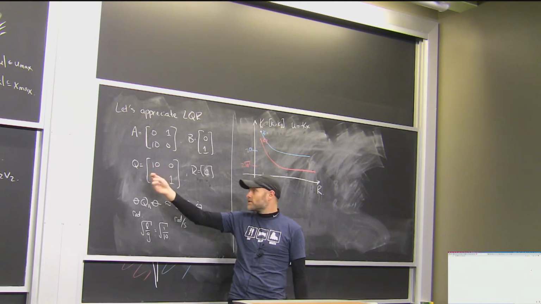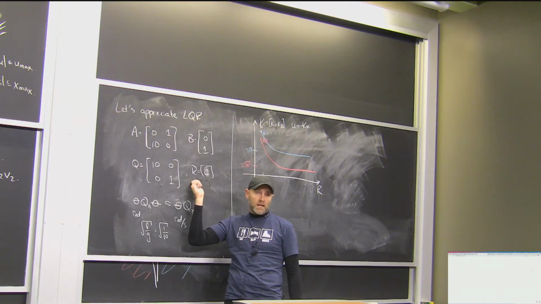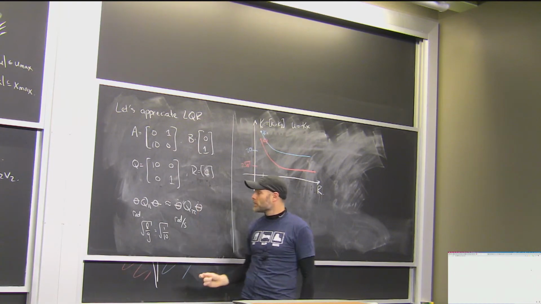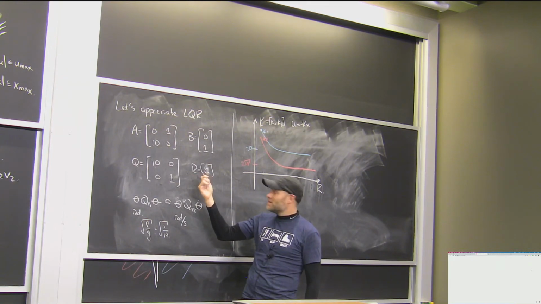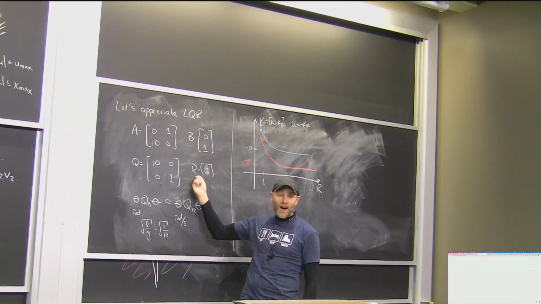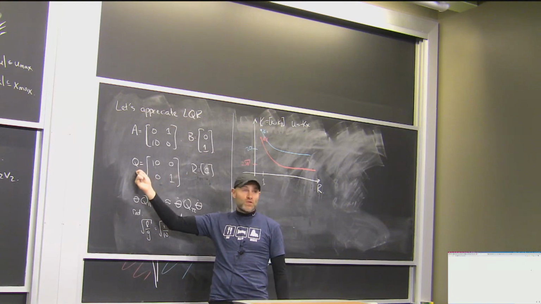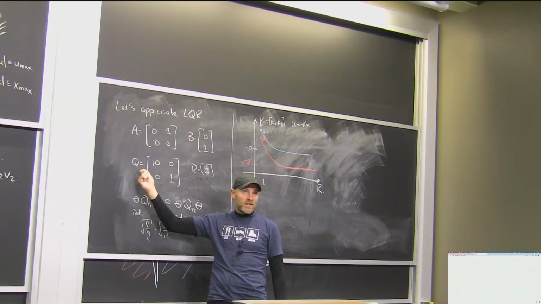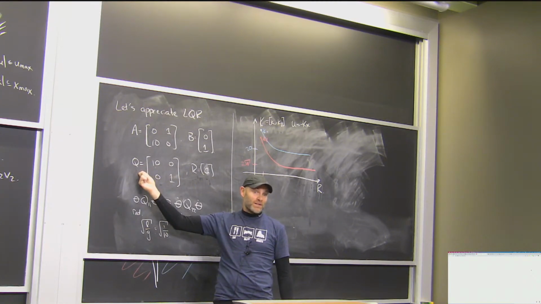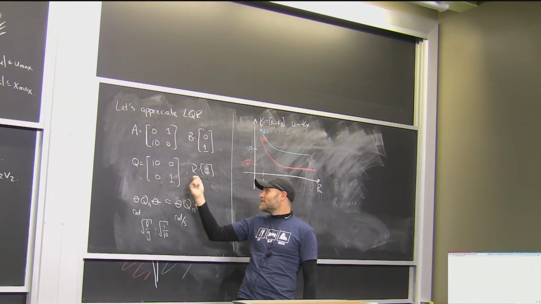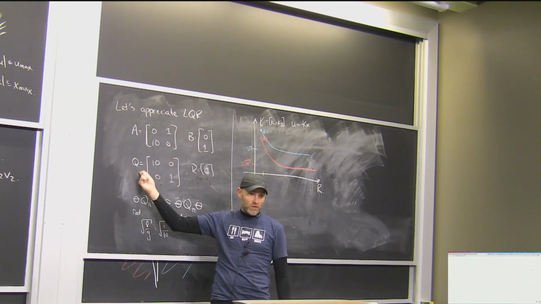You can imagine trying to search directly in Q and R as possibly a better thing. People have looked at that. For those that want more gory details, it turns out that there are stable controllers that are not parameterized by the solution to LQR. So it's true that every Q and R gives you a stable controller.